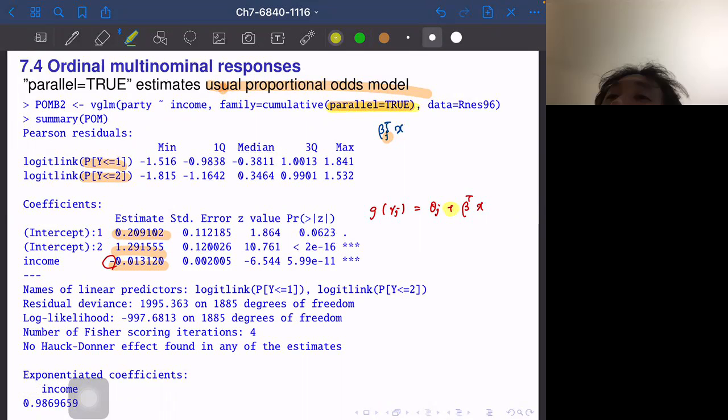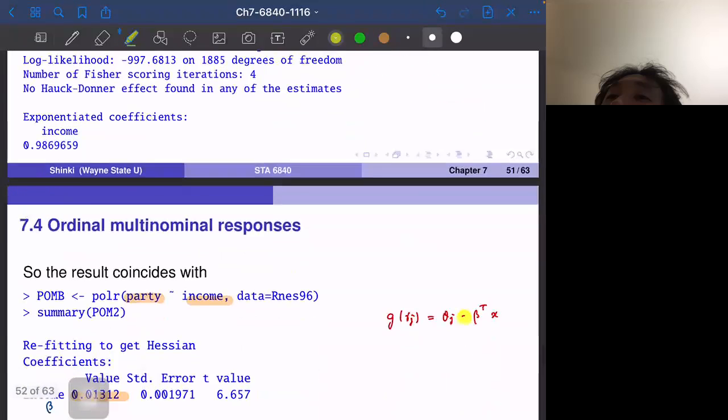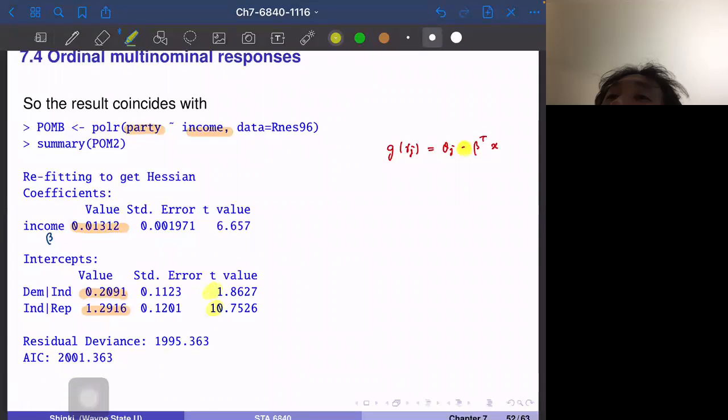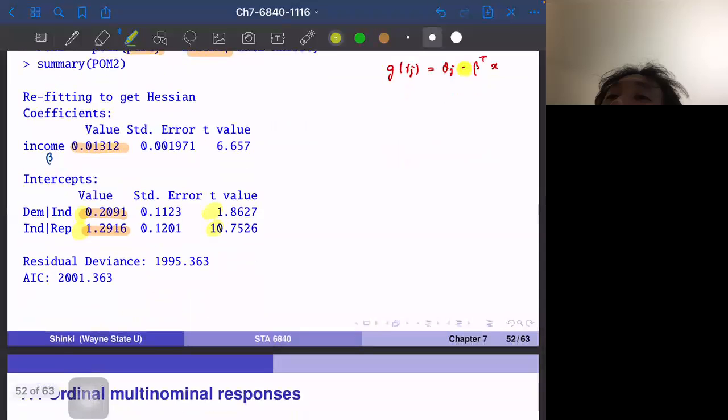You can see the other coefficients are the same: 0.209, 1.29. Maybe you can also check the z values, 1.84 and 10.76. These are exactly the same. So in this way, we can fit the usual proportional odds model with the VGLM function.